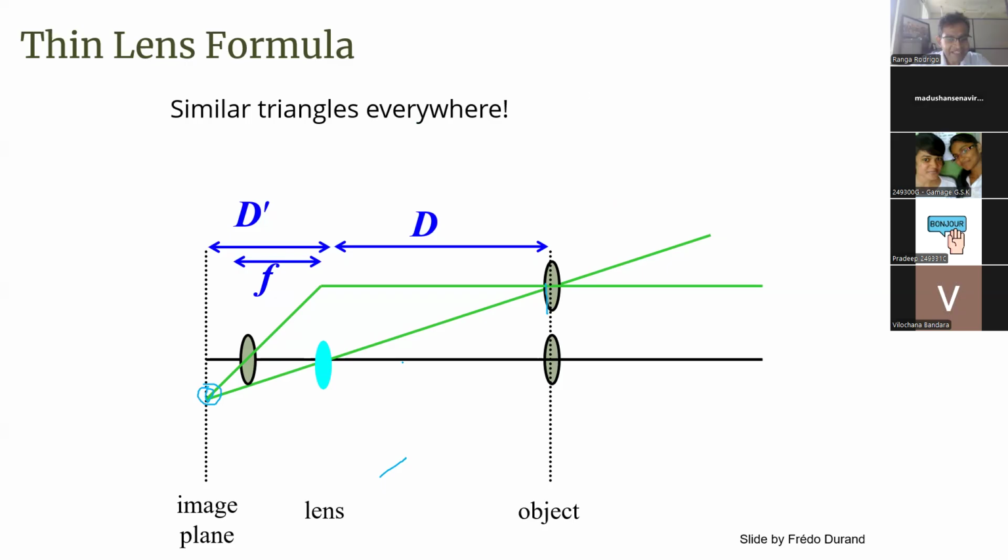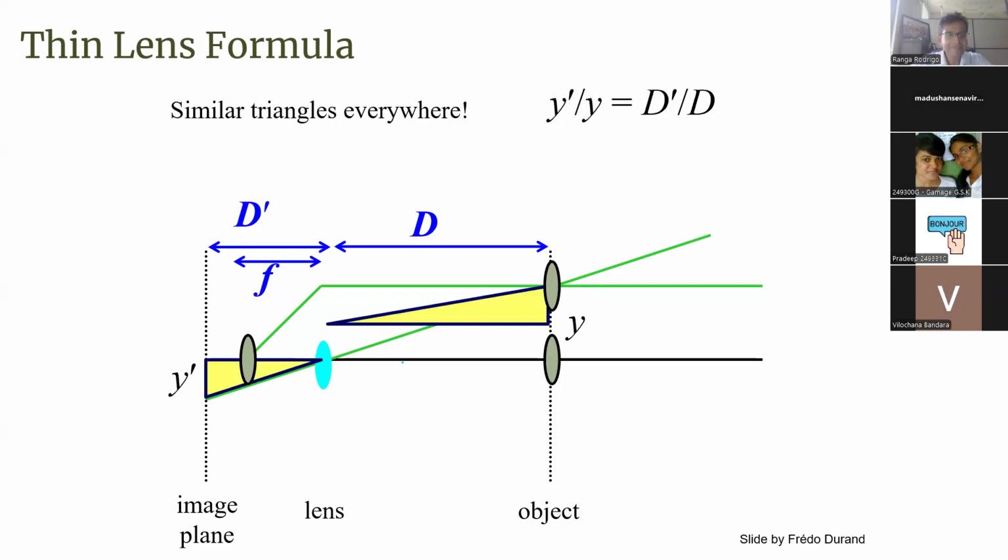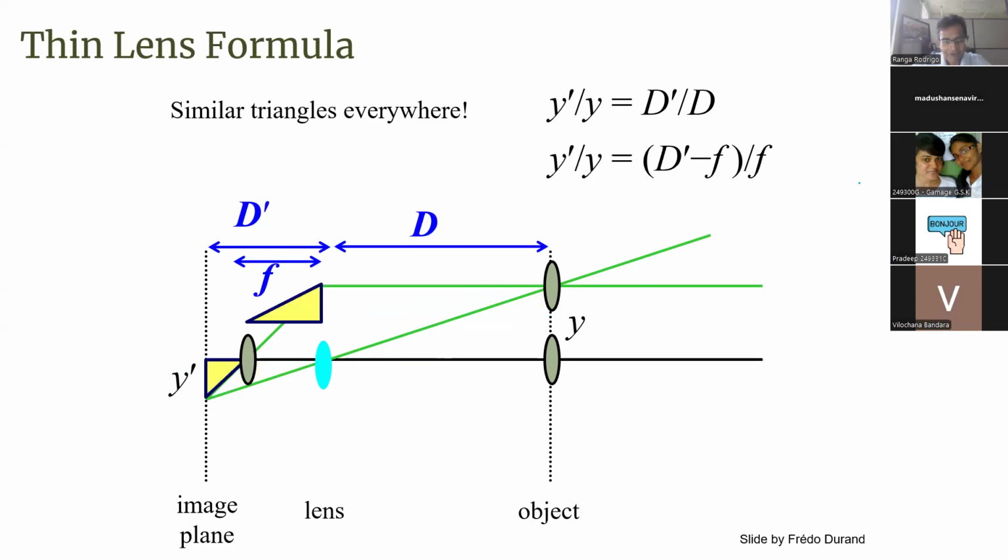So similar triangles are there everywhere. You can see the similar triangles, right? This triangle and this triangle are similar. This triangle and this triangle are similar. So you can see this distance is d, this distance is y, this distance is d prime, and this distance is y prime. Because of that, y prime divided by y must be equal to d prime divided by d. Also, there's a similar triangle again here.